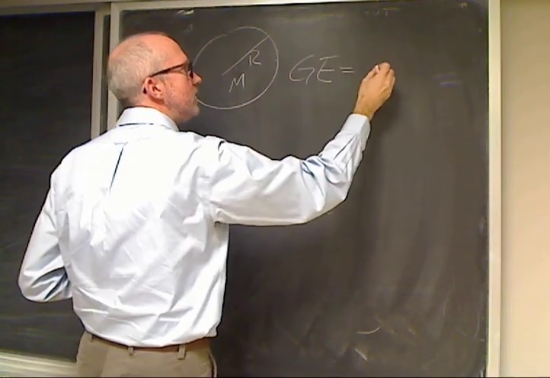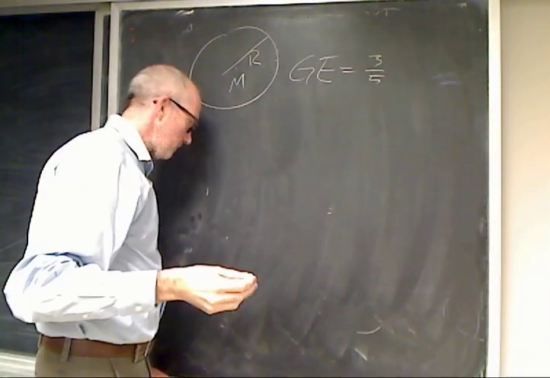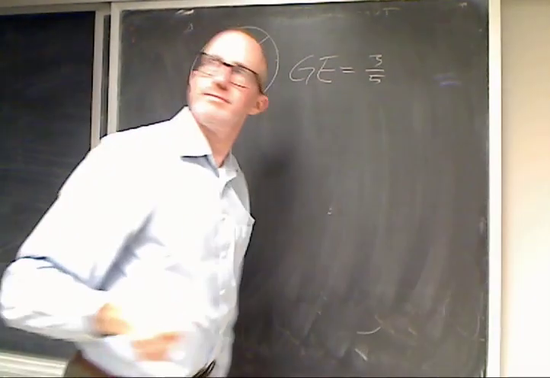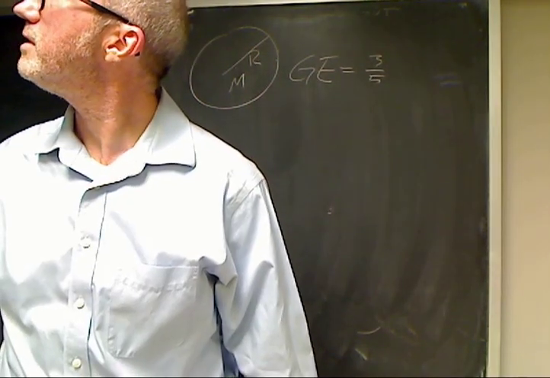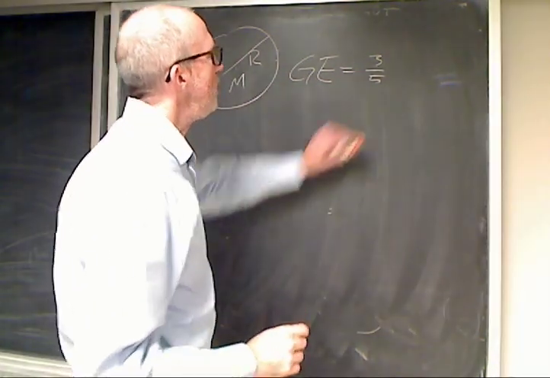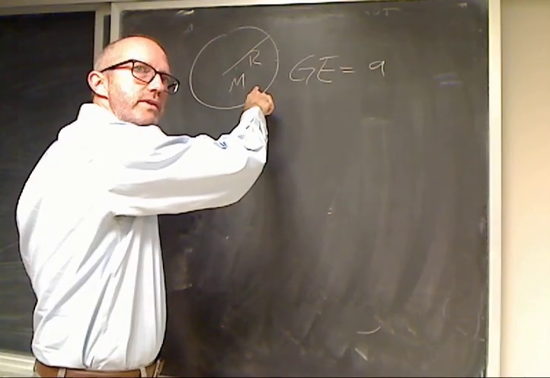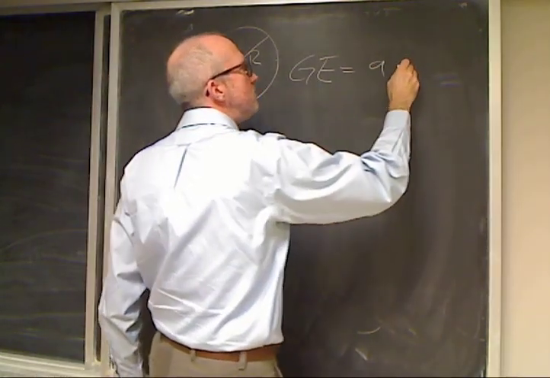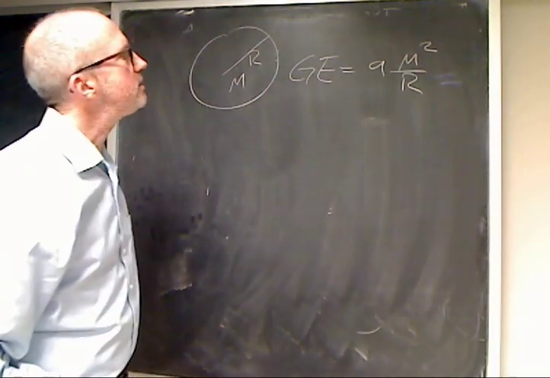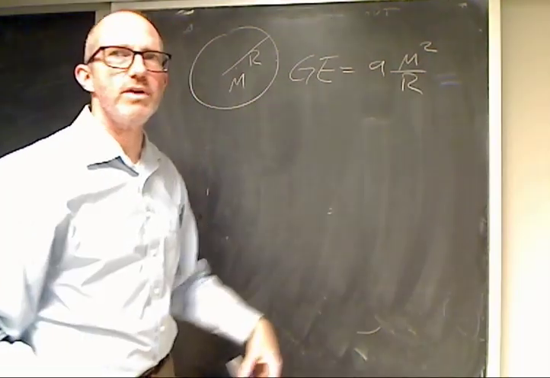The gravitational energy is some number. We're going to call it A. For a hard sphere, you get 3/5, M squared over r. Now, the binding energy is always going to go something like M squared over r because of units.